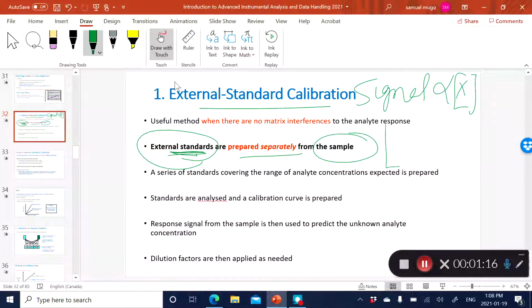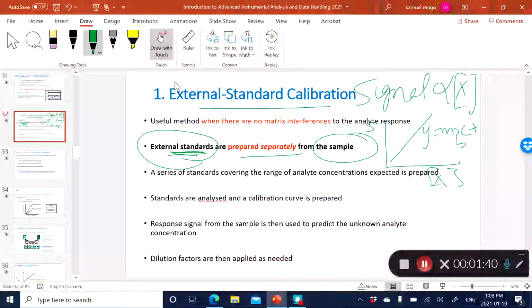And after that, you would generate your calibration from the standards. And the calibration, of course, has the regression equation, meaning it's a linear relationship, that is, signal versus concentration. And then after that, you run the sample separately from the standards.